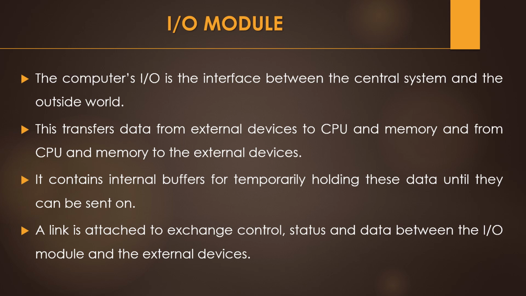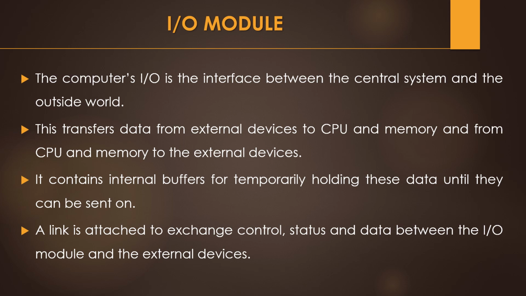It transfers data from external devices to CPU and memory, and from CPU and memory to the external devices. Whenever we feed any input data to the system, it can be stored in the memory or sent to the CPU for processing. And after processing, the data can be sent out to external devices such as the monitor or the printer.